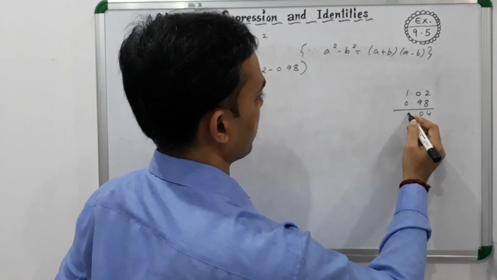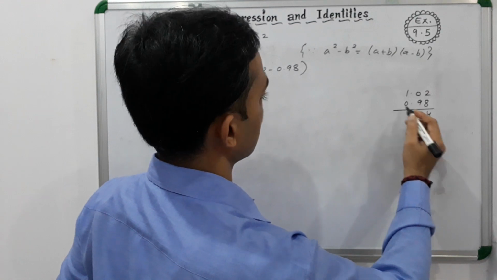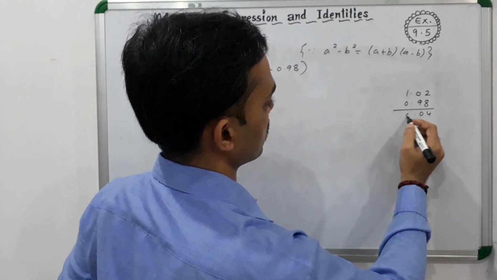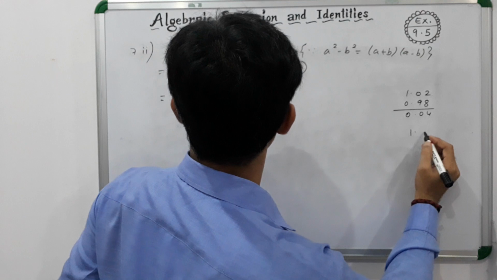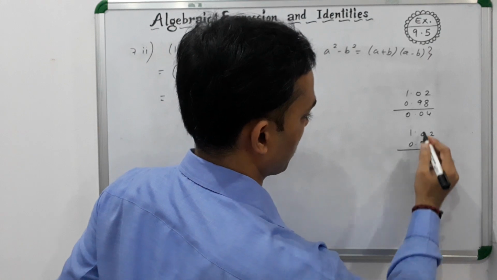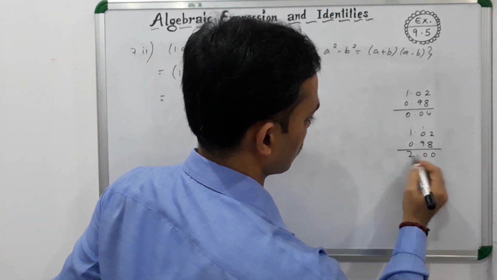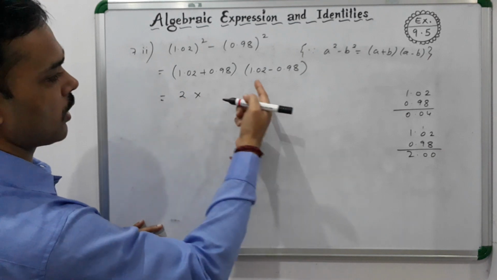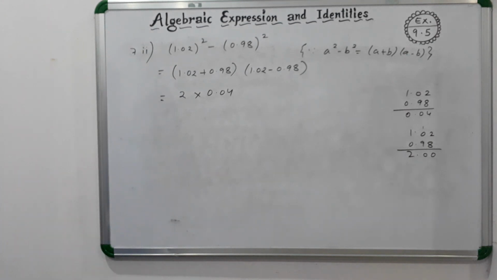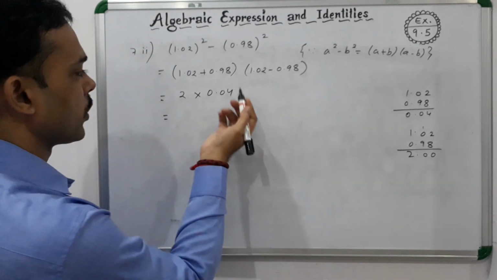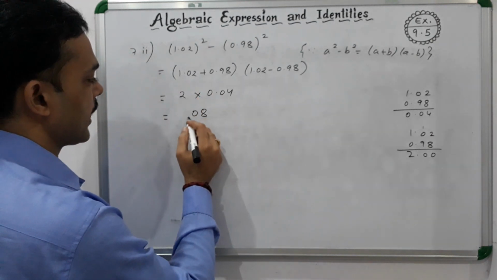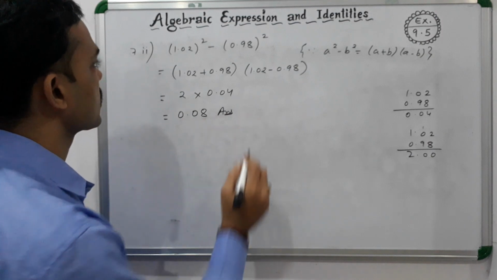Now this is 0, and if we add 1.02 and 0.98, we get 2. For subtraction we got 0.04, and when you multiply, 2 into 4 will be 8. But in the decimal part we have 2 digits, that is why it will be 0.08. So this will be your answer.